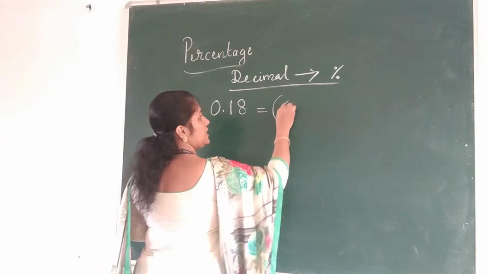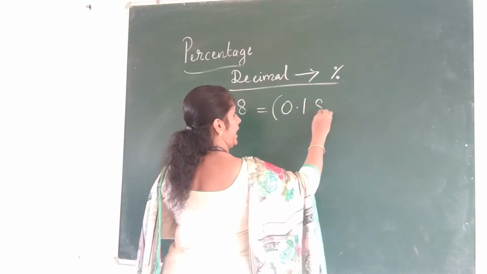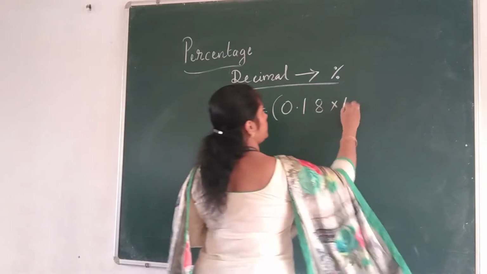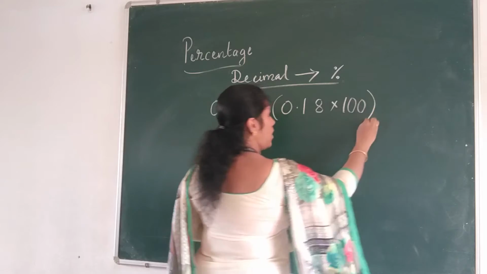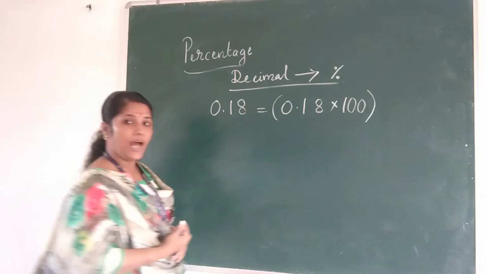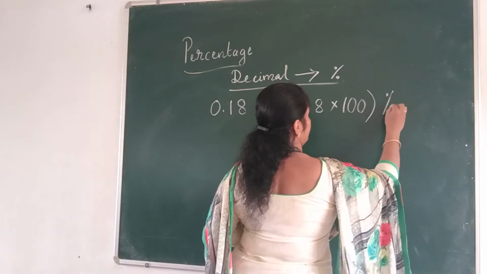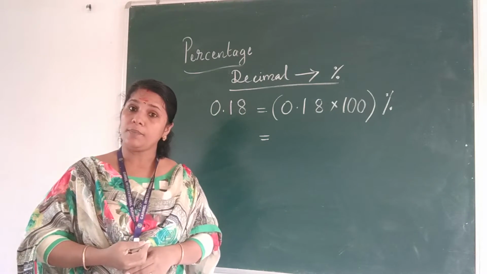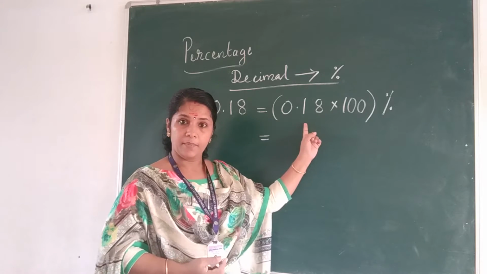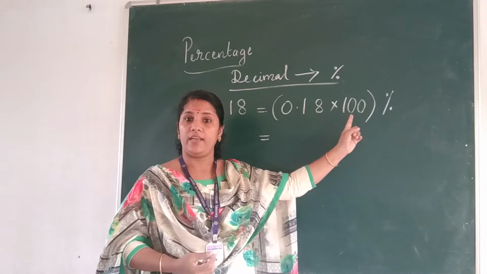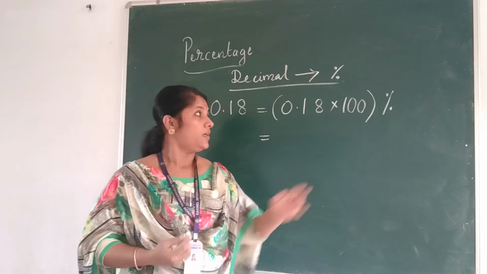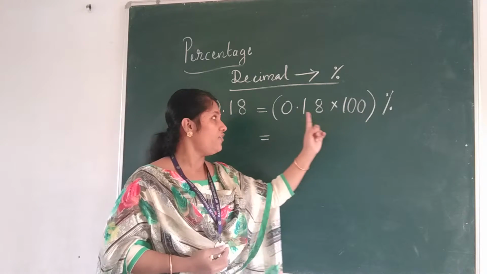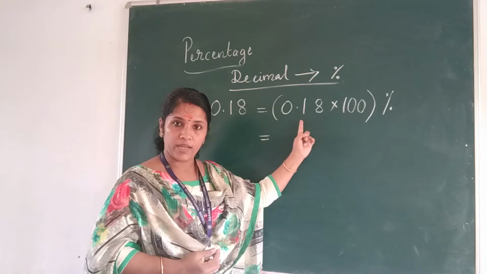So it is 0.18 into 100. Outside the bracket we will have the percentage. Now, how to multiply a decimal number with a multiple of 10? Here it is 100. 2 zeros are there. So, we should start from the decimal point.